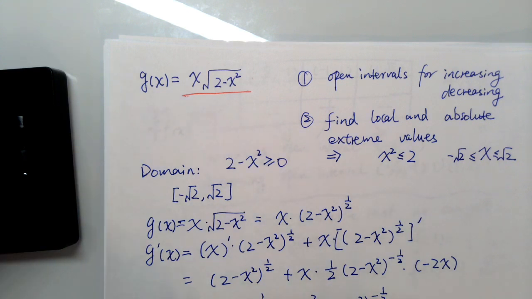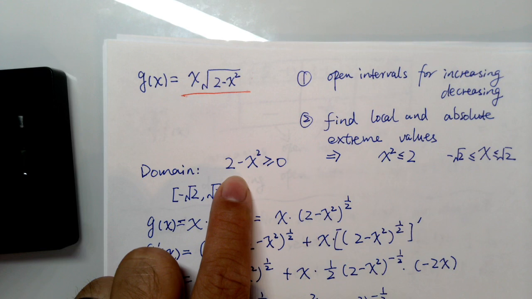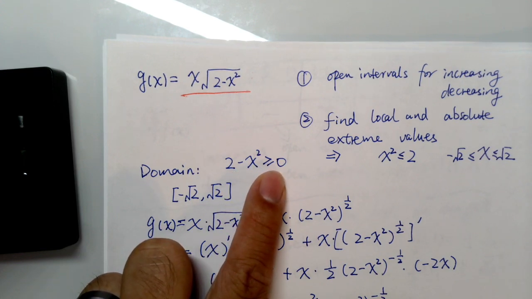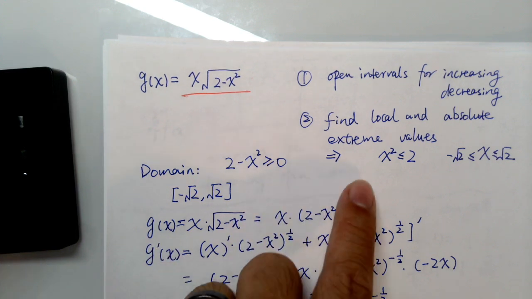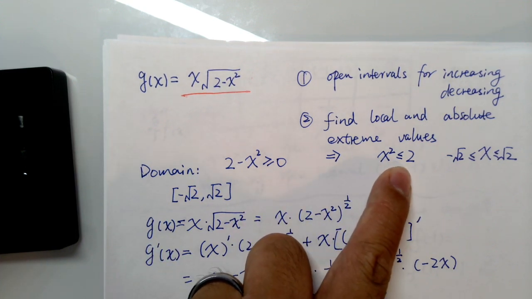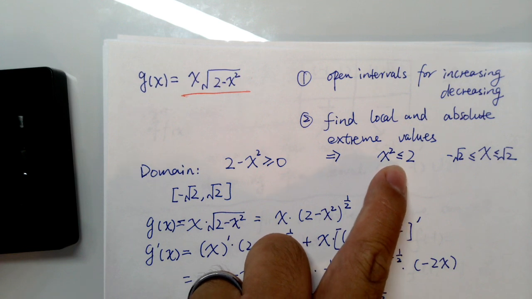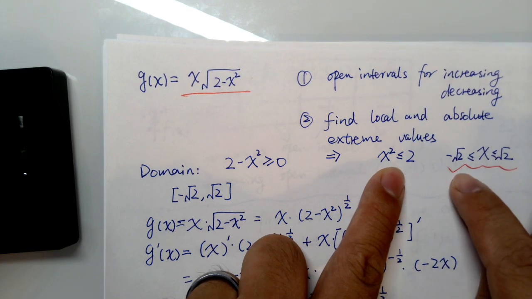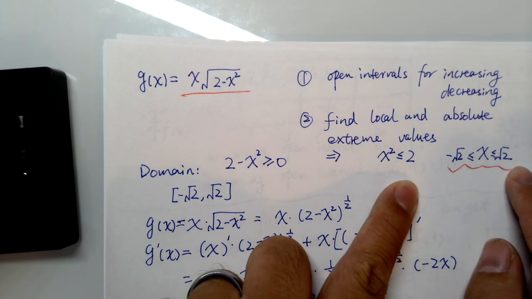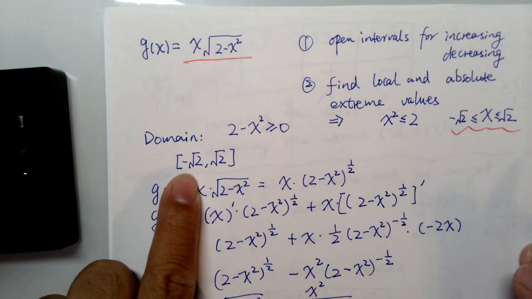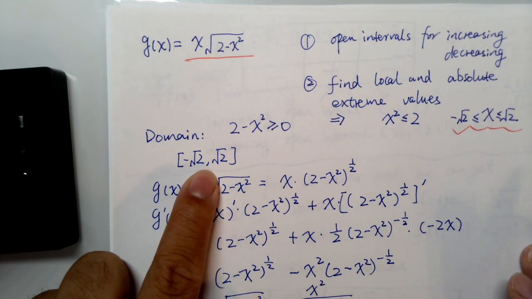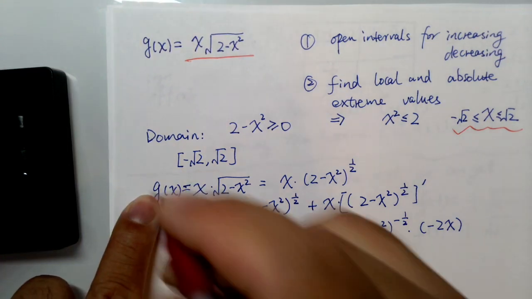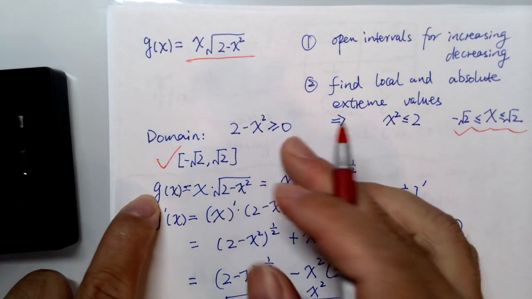That's how to get the domain: 2 minus x squared must be greater than or equal to 0, so x squared is less than or equal to 2. Solving this inequality gives x between negative square root of 2 and square root of 2. That's my domain, written in closed interval notation. This really is the key to start.